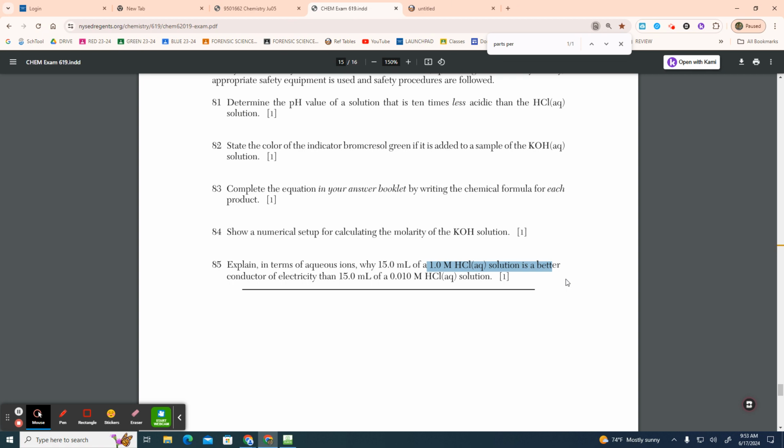So the answer is the 1.0 molar has more ions than the 0.01 molar. The higher the concentration, the more ions you have.